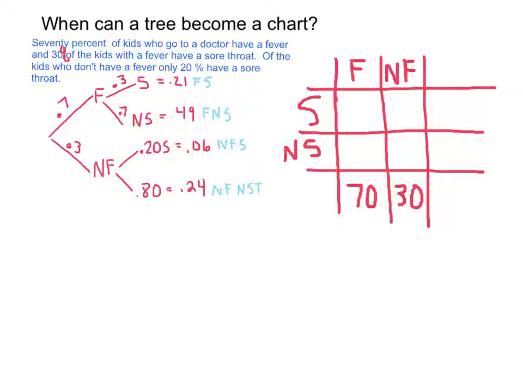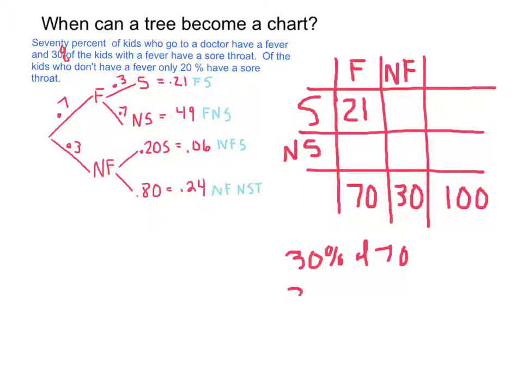It says that 30% of the kids with a fever have a sore throat. So you take 30% of 70, 3 times 7 is 21. There's this number. Fill in the 100. It says 20% of the ones who don't have a fever have a sore throat.